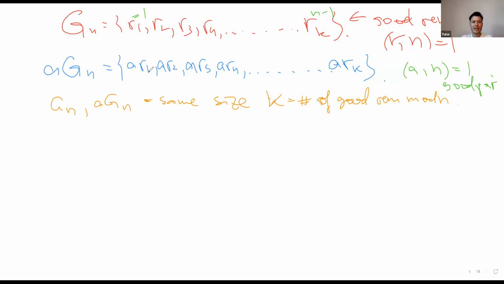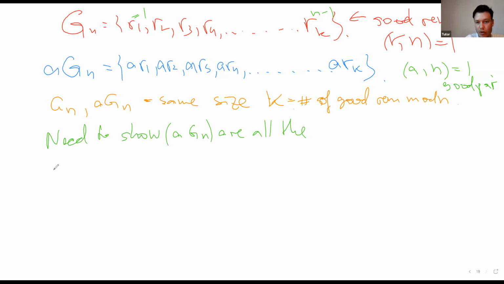These are k remainders. So if I show that they're all different, and that all these remainders are also good, then I'm basically done. So I need to show that the set A·G_N consists of all the good remainders.